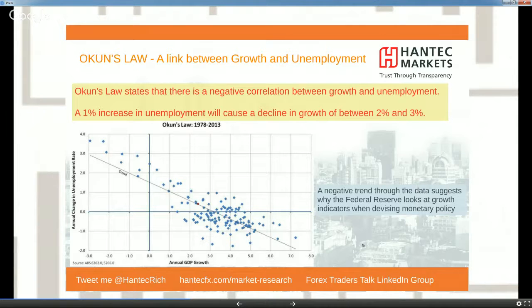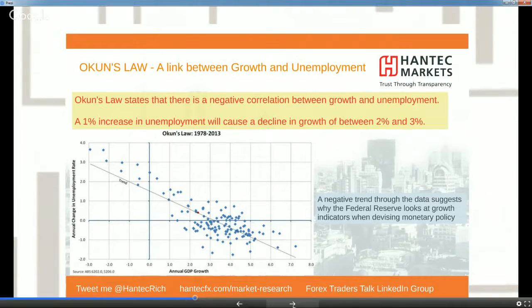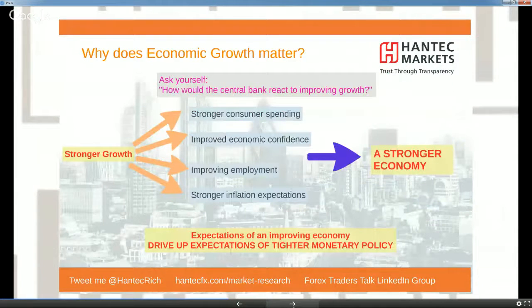But certainly Okun's law does have an impact on Fed policy, and that has certainly been documented in the past. Again, that feeds into the whole process of why growth actually impacts the economy.